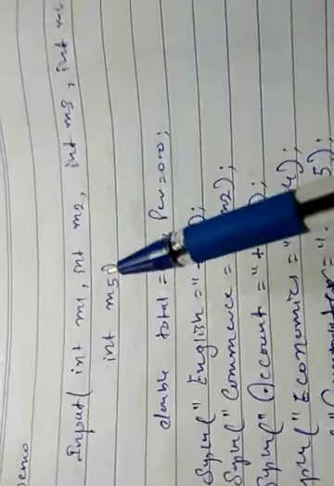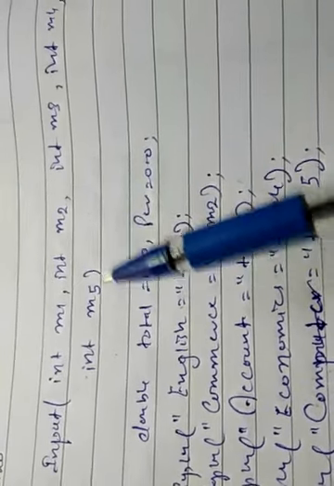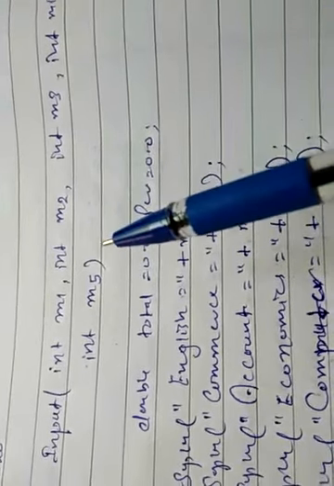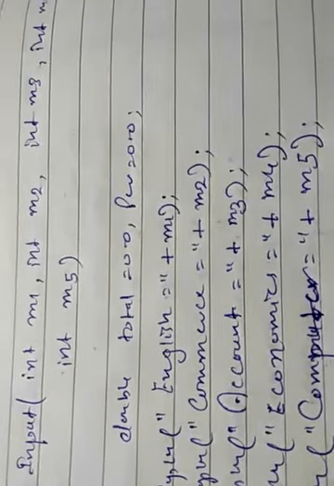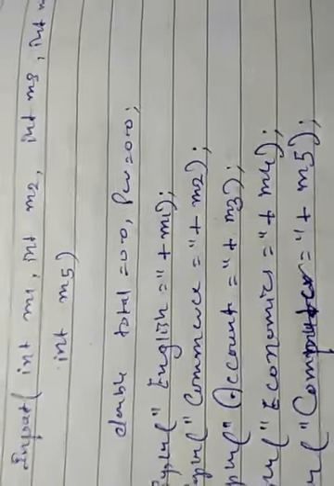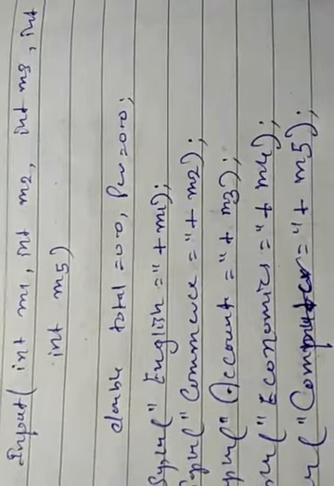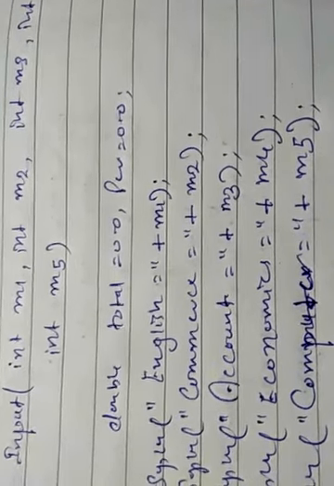So now this is the solution for that. Answer 15, class demo, void input. Here I am taking 5 variables m1, m2, m3, m4 and m5 for the subject input. So m1 is for English marks, m2 for commerce, m3 for account, m4 for economics and m5 is for computer.